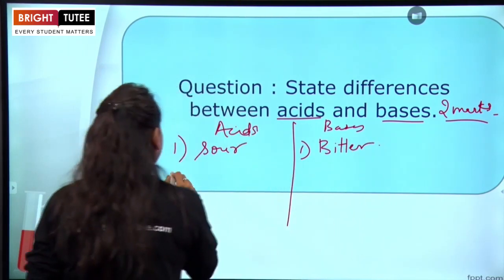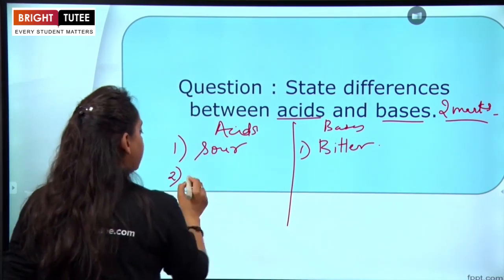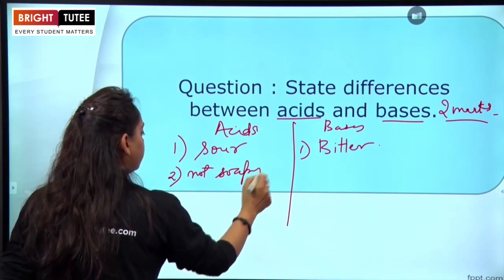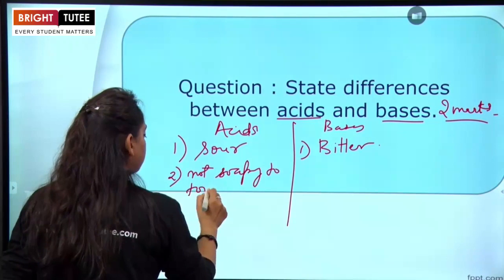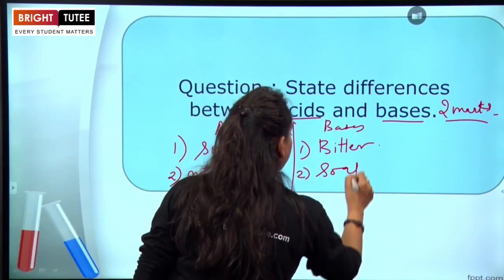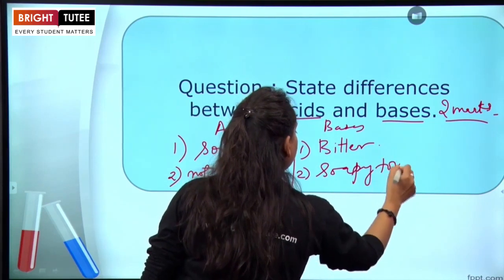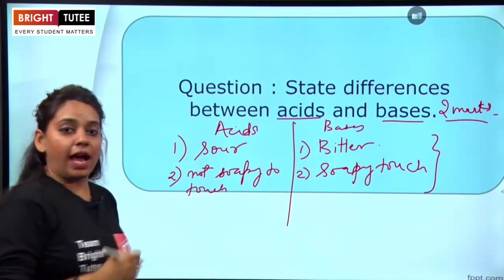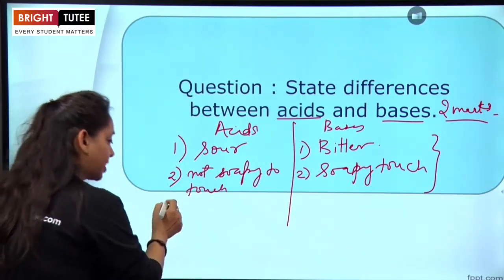Then we have the second point, acids are not soapy to touch, whereas bases are soapy to touch.